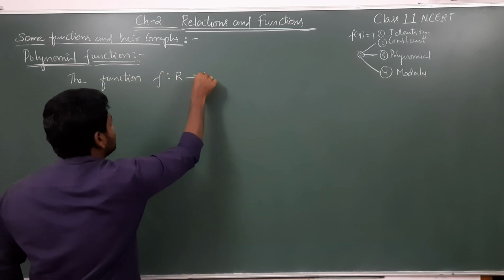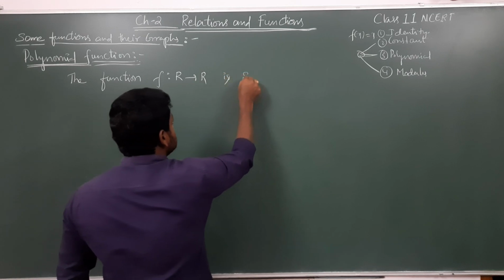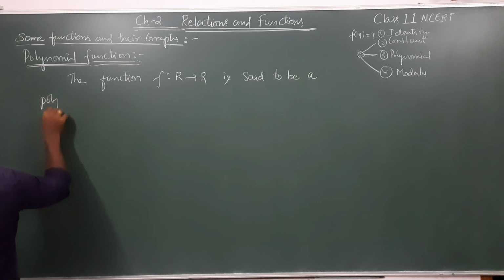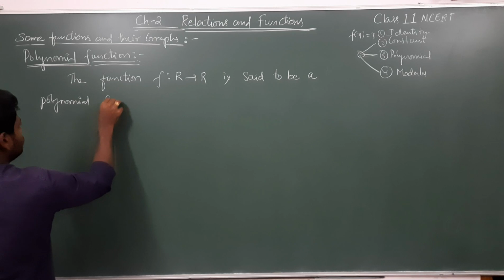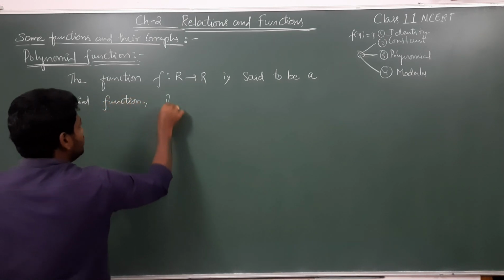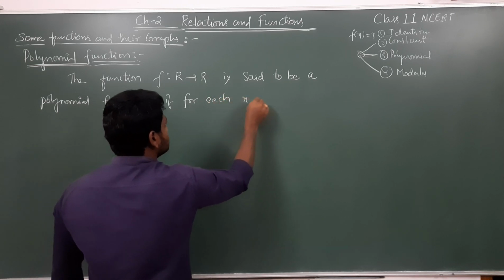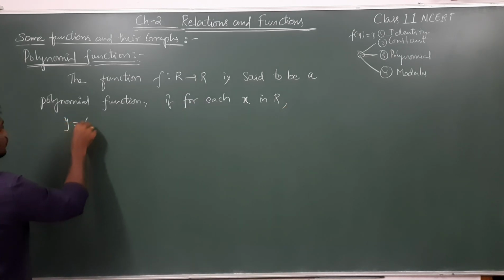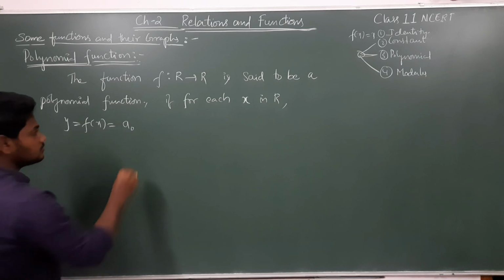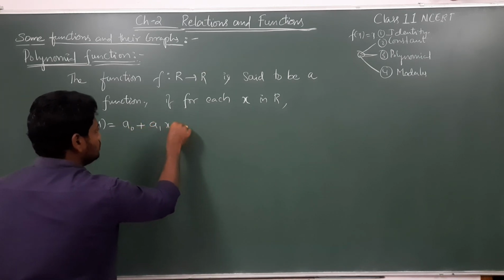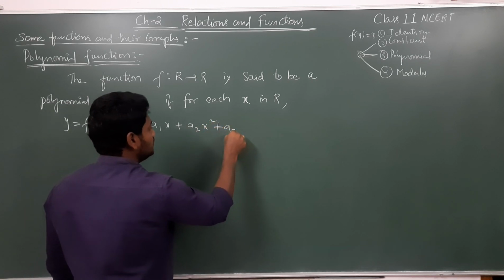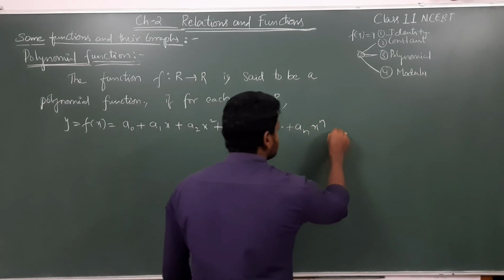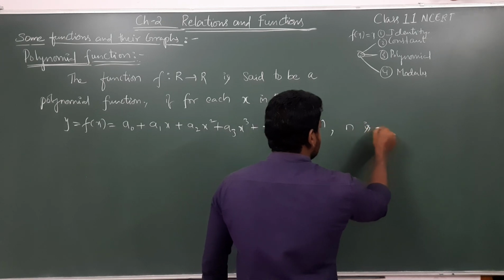f from R to R is said to be a polynomial function if for each x in R, y equal to f of x is equal to a0 plus a1x plus a2x square plus a3x cube plus so on plus an x power n, where n is a non-negative integer.